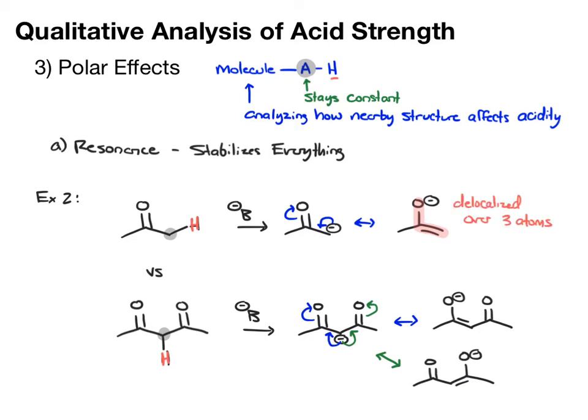In our bottom conjugate base, through our resonance structures, the charge is delocalized over 5 atoms. So that means that conjugate base is more stable. The negative charge is more spread out. More stable conjugate base tells us this is the stronger acid.